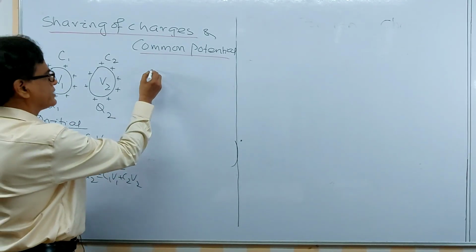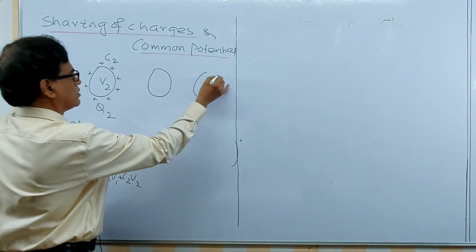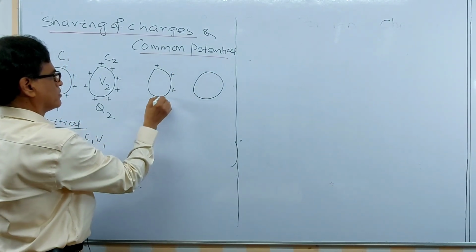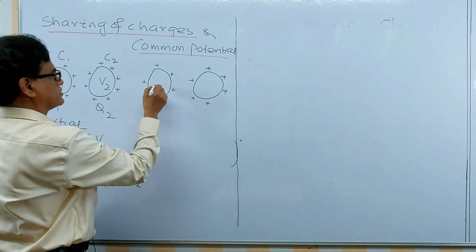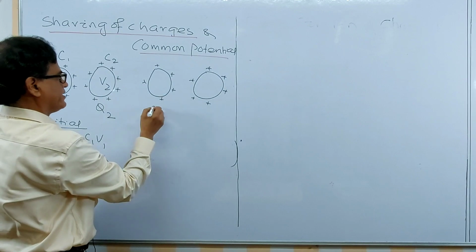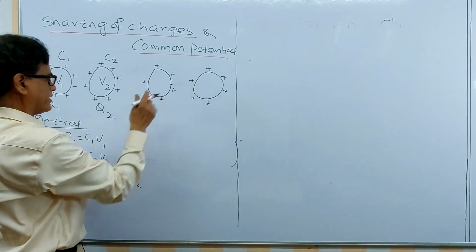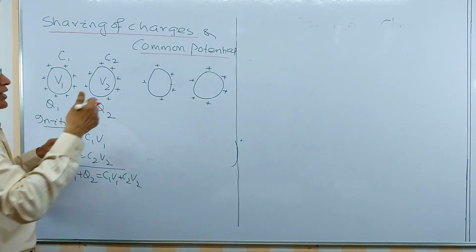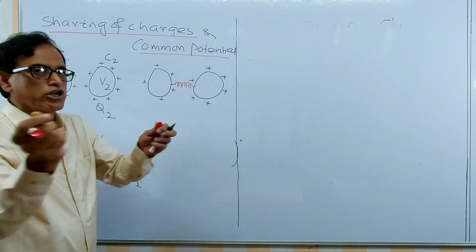Now let them be connected by, for example, a conducting wire. This is a wire, not a coil. A conducting wire.